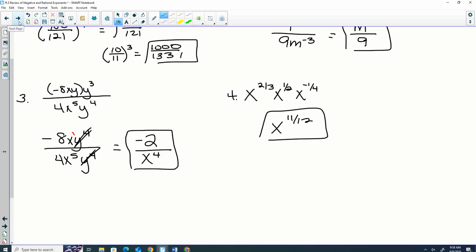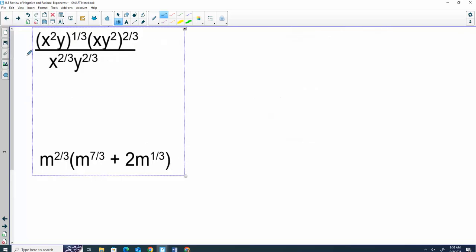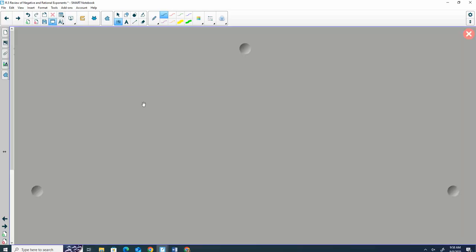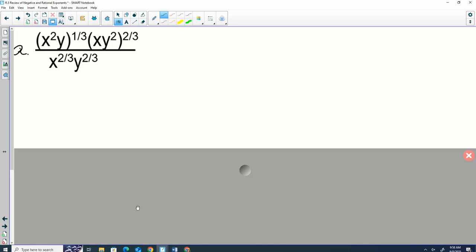Let's look at a couple more problems with just simplified these. All right, if I just told you to simplify this using properties of exponents, we're trying to combine everything that we can.